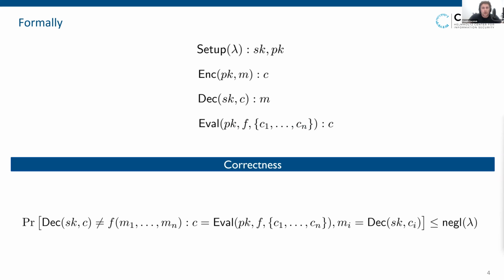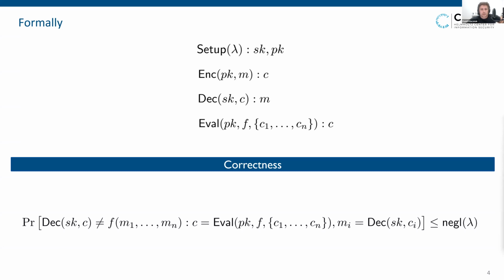Okay, so let's recall the formal definition. An FHE scheme consists of four algorithms: setup, that outputs a secret key and a public key; encryption, that on input the public key and a message outputs a ciphertext; decryption, that on input a secret key and the ciphertext outputs a message; and evaluation, that on input a function F and a bunch of ciphertexts outputs a ciphertext.